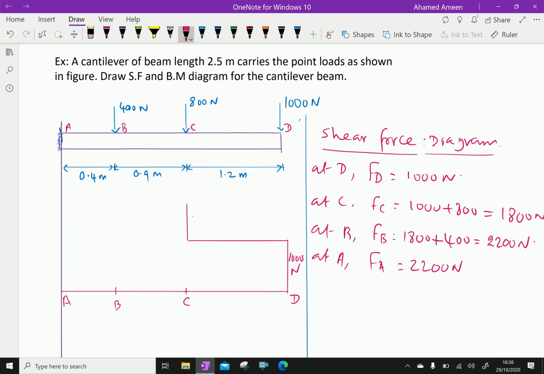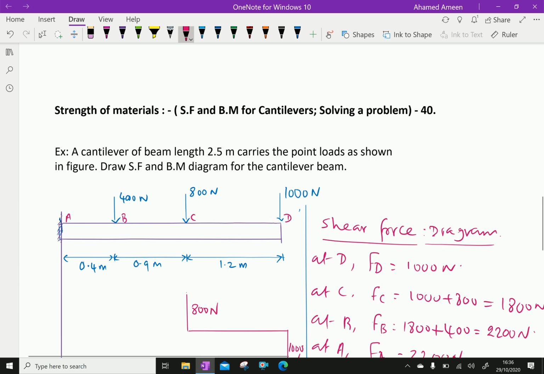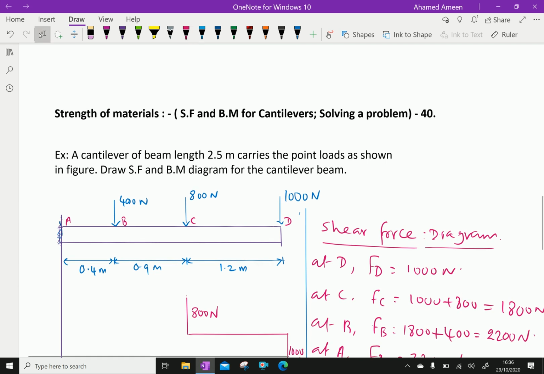This is 800 Newton. From this 800, you have to draw 400.